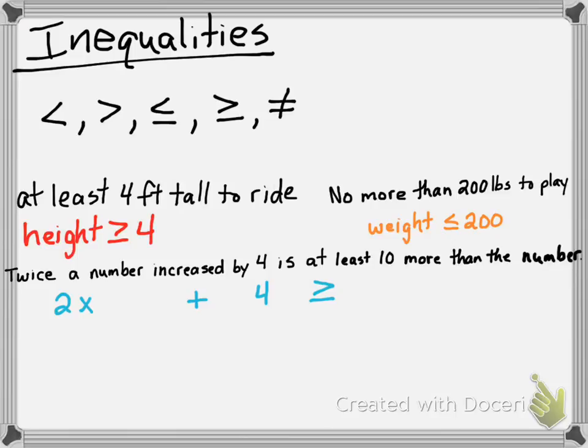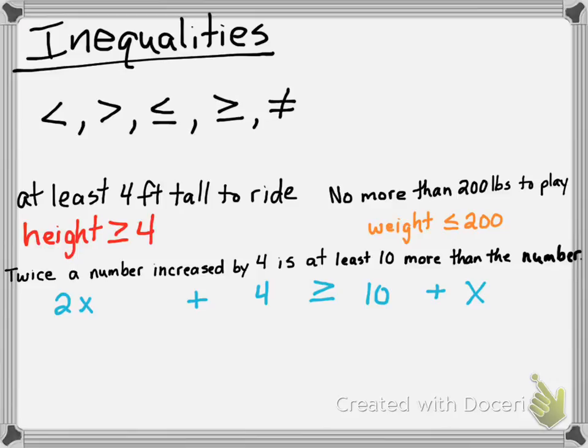So that's why I chose the greater than or equal to symbol. Okay, and then 10 more than that same number, which I still don't know, so that's my variable. So that's my equation, or my inequality, for that sentence.